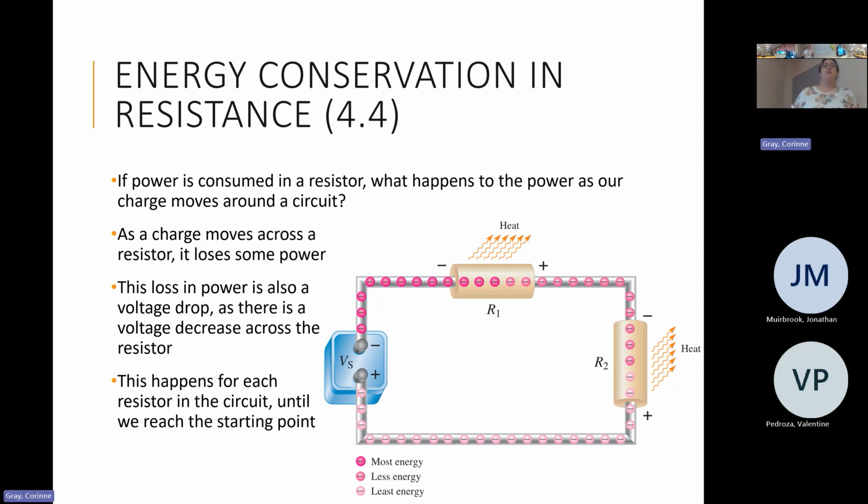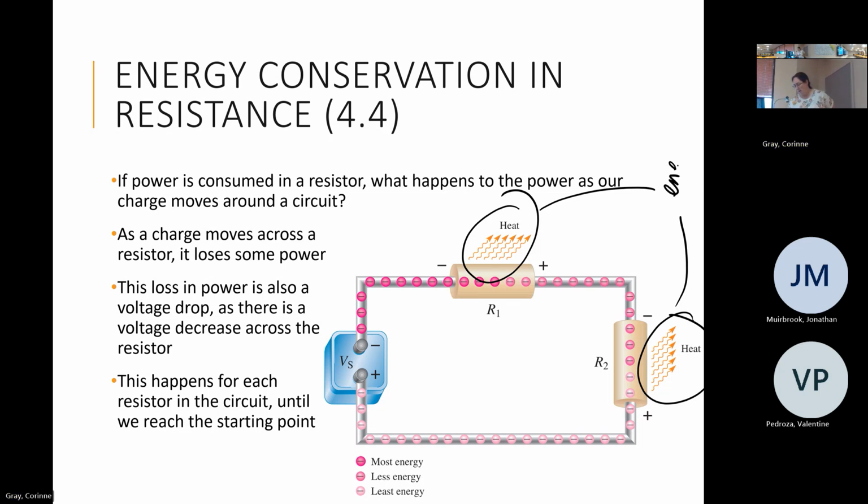As you go across the resistor, it does start to heat up. And with that, it's going to start heating the air around it. So with this heat that we're getting out of these resistors, this is energy being lost to the environment, which again is just everything that's not our circuit.